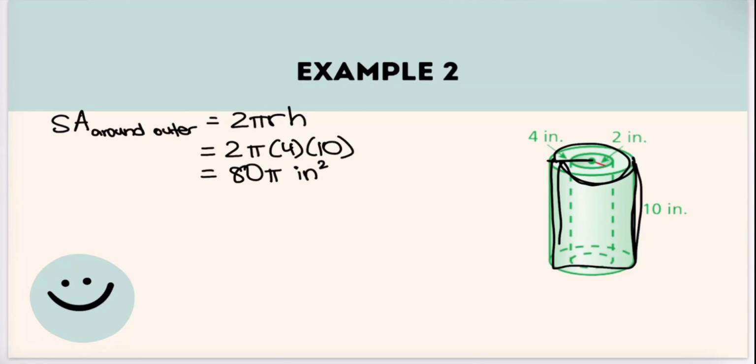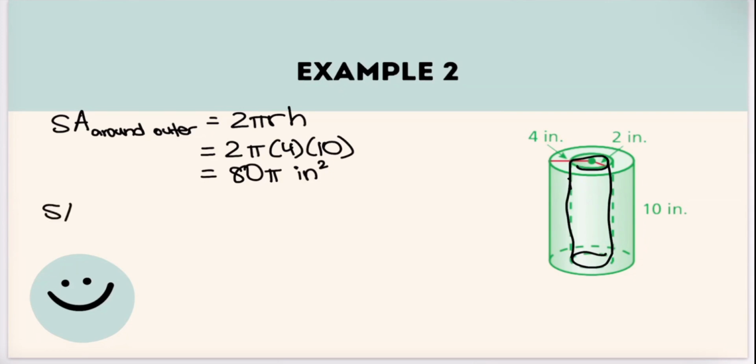Now I'm also going to do the surface area for the smaller one, right? For the smaller cylinder, right? Because we would have to paint in here. So what is the surface area for the smaller cylinder's rectangle?